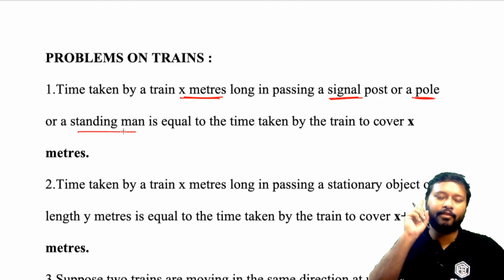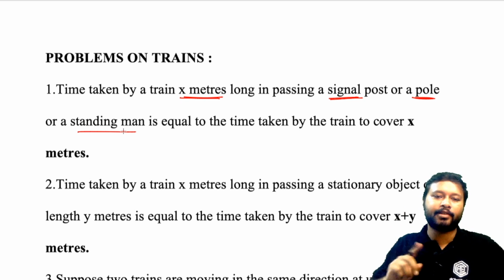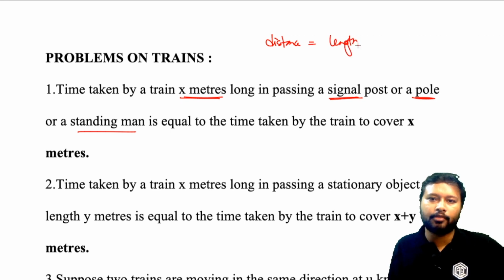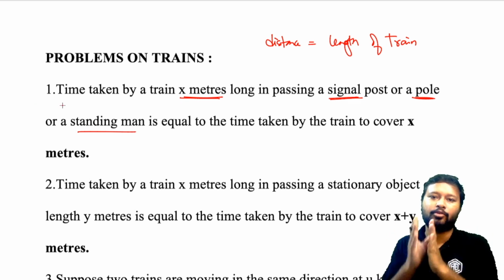In case you are given something linear, like a pole or a person, something very thin, then the time taken by the train to cover x meters will be the same, because here your distance will be equal to the length of the train. The length of the train is going to be the distance you have to cover when it passes a certain person or pole.